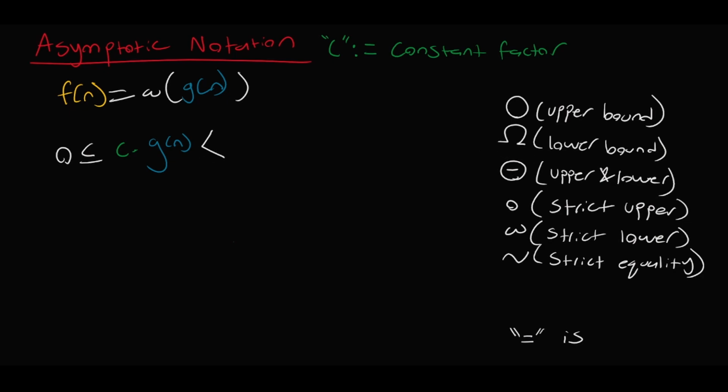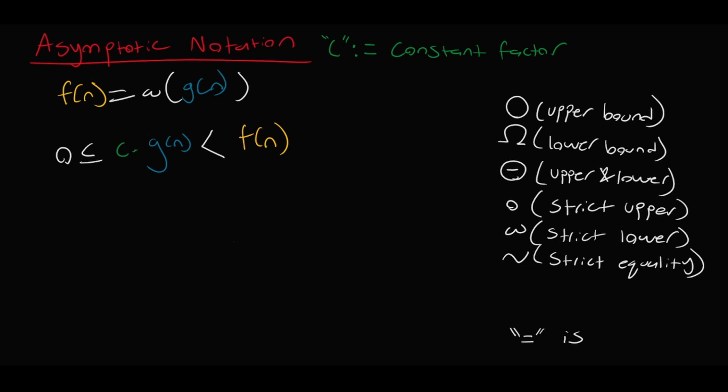It's strictly a lower bound. f of n is not touching g of n. Within a constant factor, g of n is just smaller than f of n.